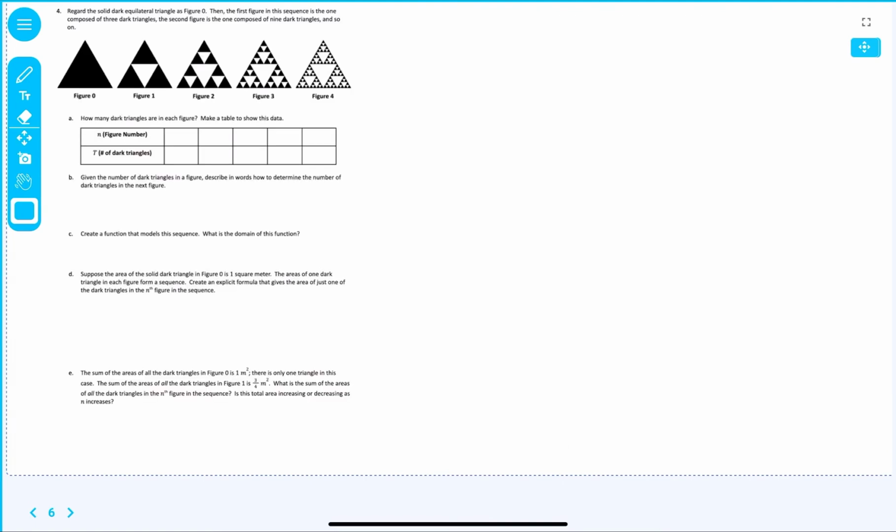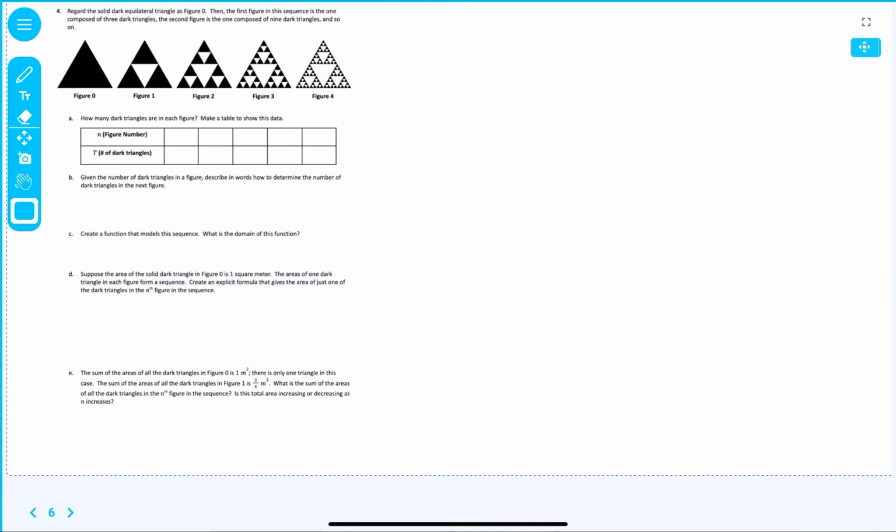All right, number 4. Oh man, there's still so much to do here. It says, regard the solid dark equilateral triangle as figure 0. The first figure of the sequence is the one composed of 3 dark triangles. The second is composed of 9 dark triangles, and so on.